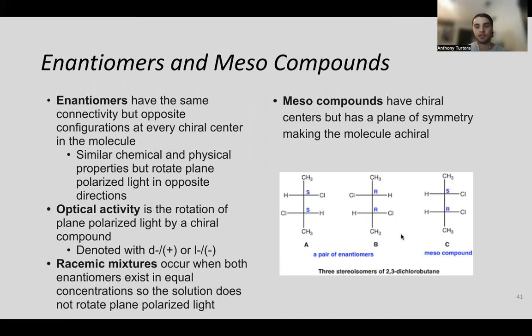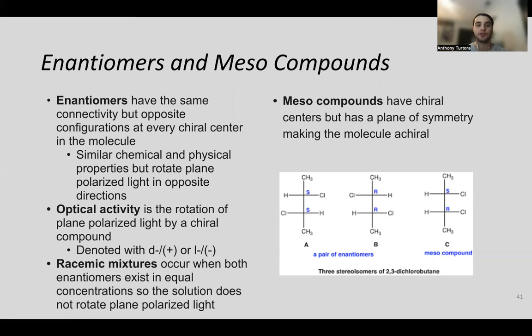For example, here one is S and the other is R. This is a pair of enantiomers because at every chiral center, they have the opposite absolute configuration.